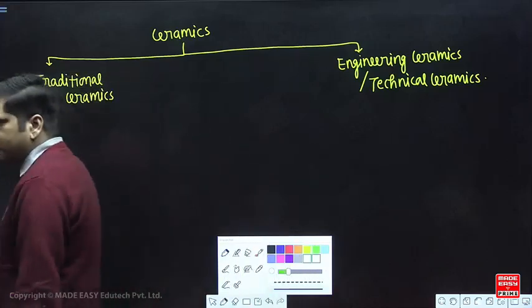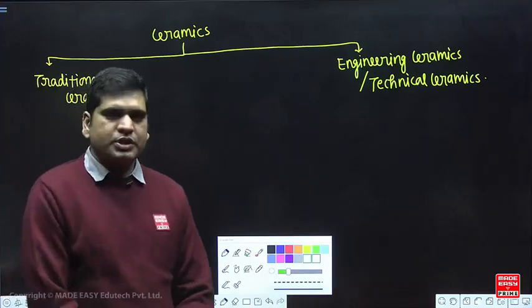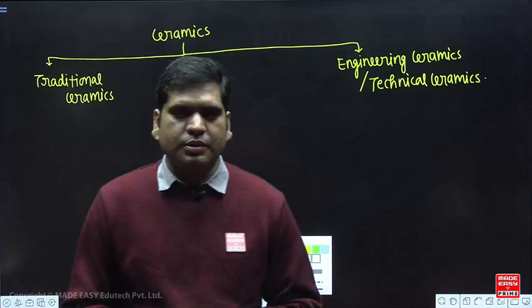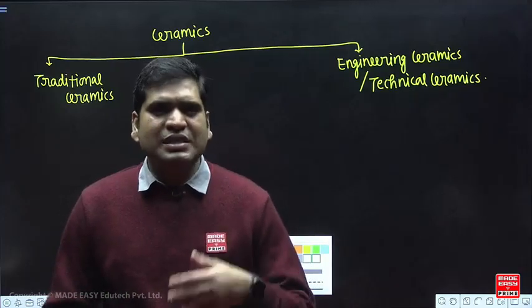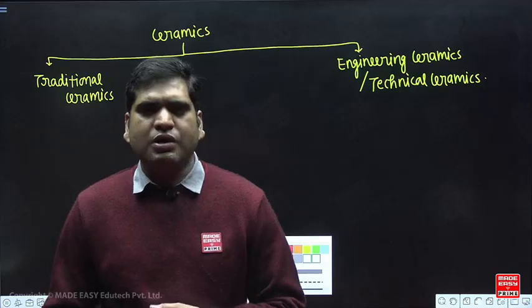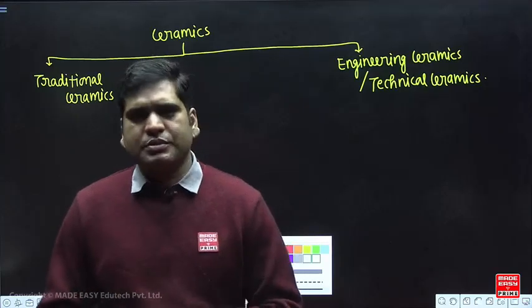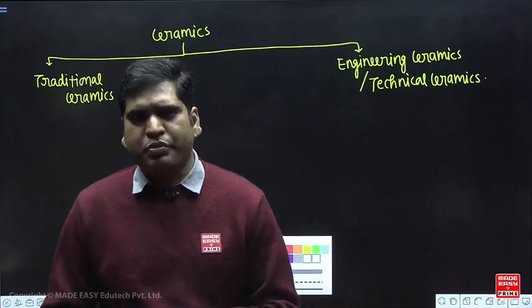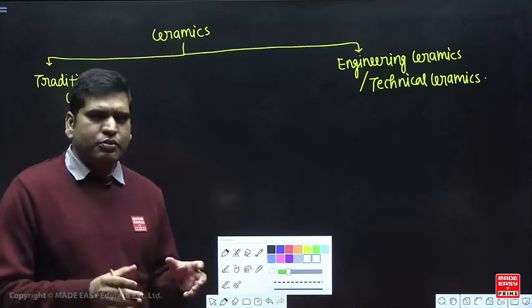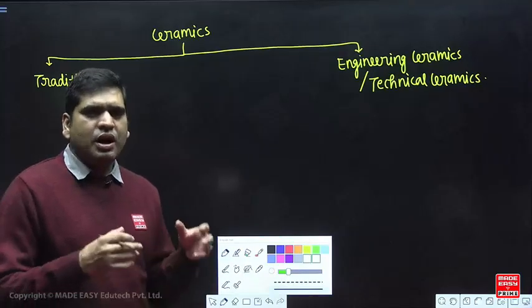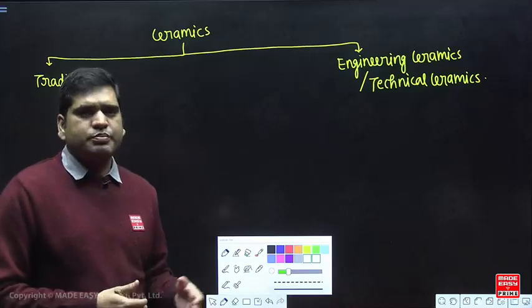Traditional ceramics are basically the clay based products. जैसे गांव में कुम्हार जो बर्तन बनाता है, China clay and all those, your tiles, your sanitary wares at the house, all these are examples. So these are mainly clay based products. They are a mixture of several things, particularly clay, silica, all these are the components of these materials.